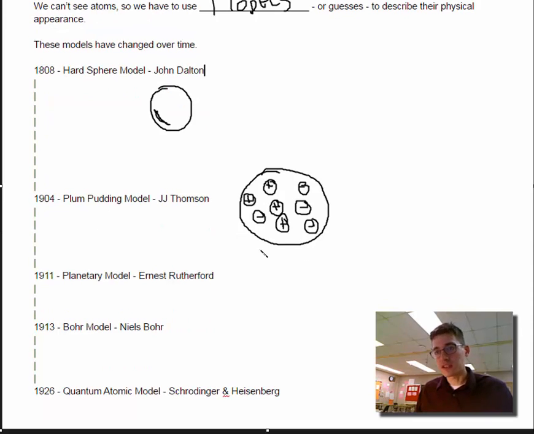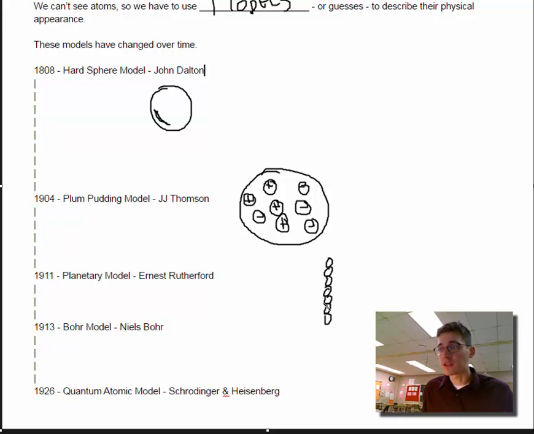Fast forward another 6 or 7 years, and we get this guy named Rutherford. He did an experiment where he shot positive particles toward some gold foil. And remember, he's working under the model that an atom is a mixture of positives and negatives. Think of a wall of atoms.